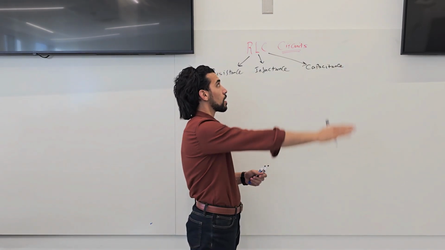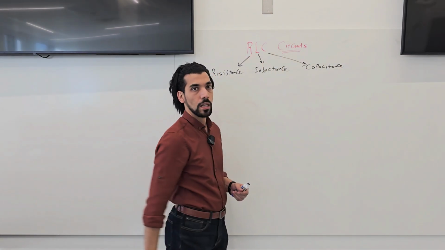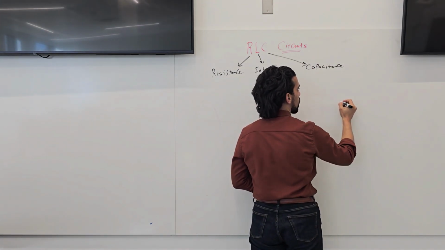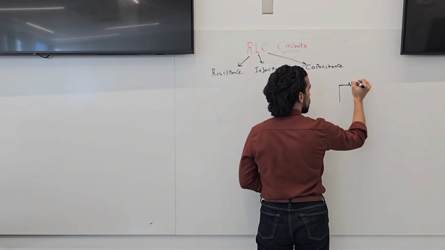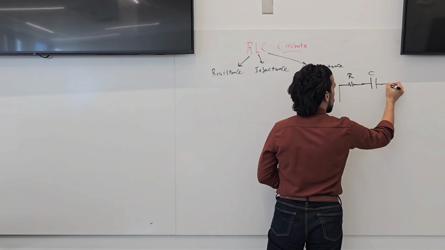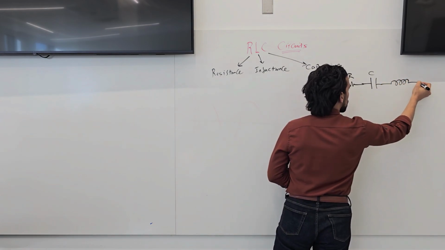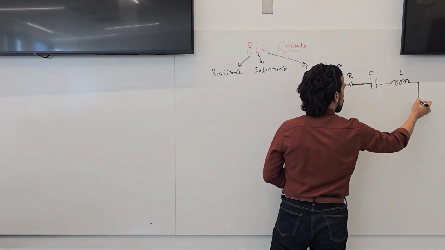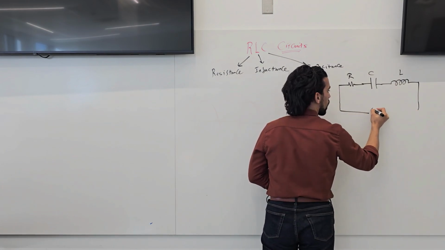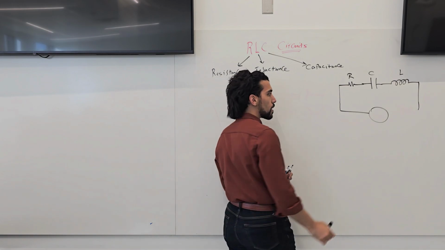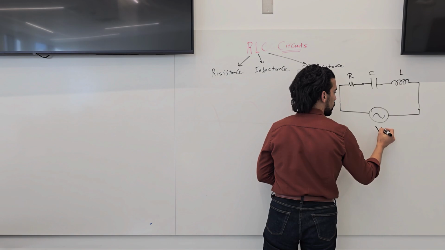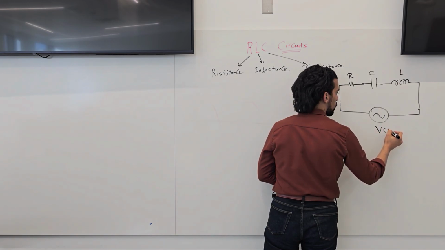So here we are talking about a circuit that contains these three elements. It has a resistance R, it has a capacitance C, and it also has an inductor, which is L. All of it is connected to a variable AC power supply, let's say a sine wave power supply, V of t.